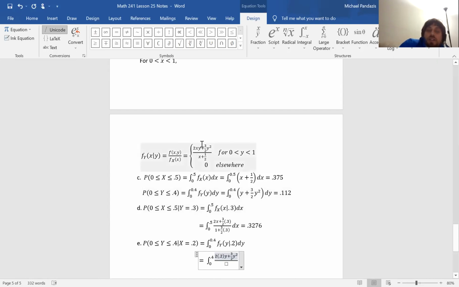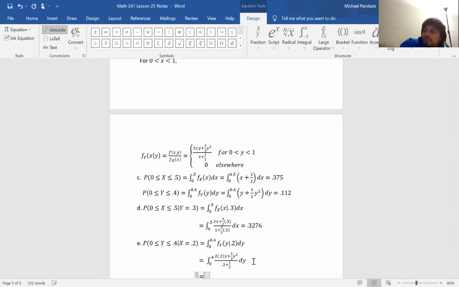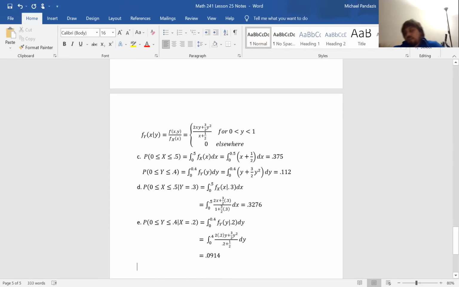So this is f of x comma y, and then you're plugging in for x 0.2. And then the denominator is going to be x, which is 0.2, plus 1/2. So it's that, dy. Okay, when you integrate that, that's equal to 0.0914. And that's E. And that example is over. Okay, so let's keep going.